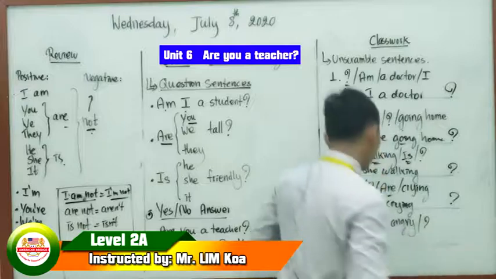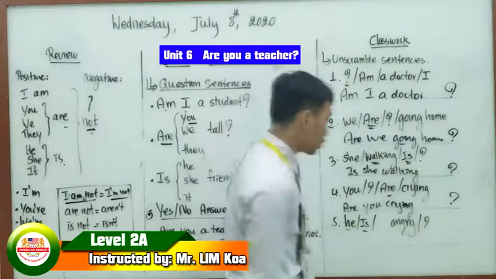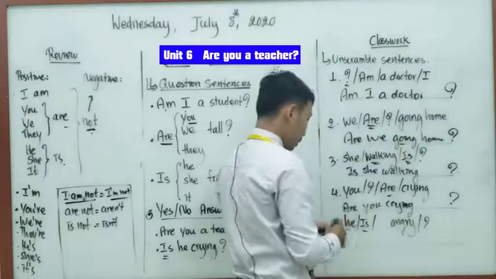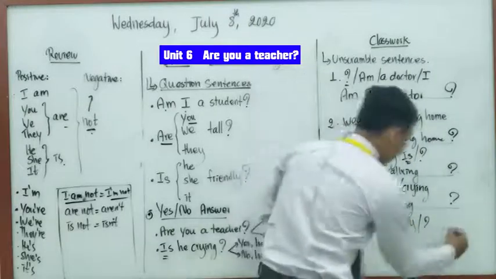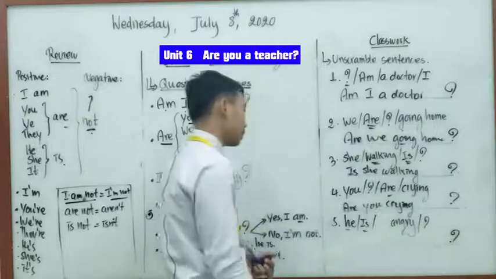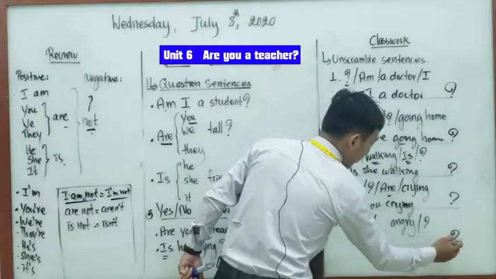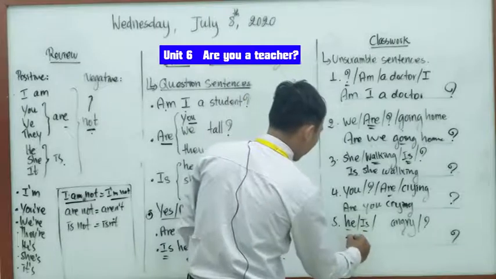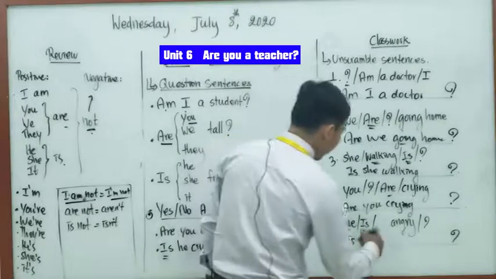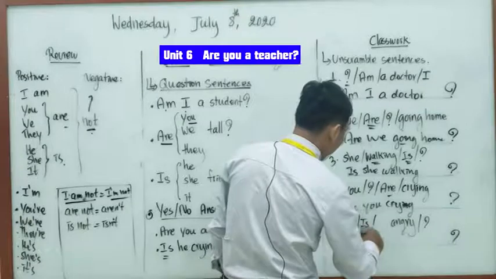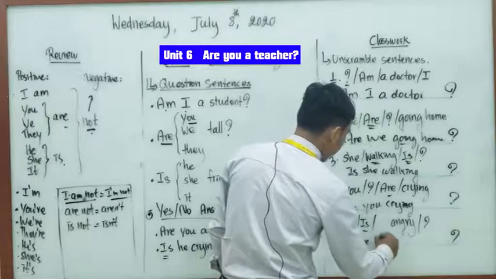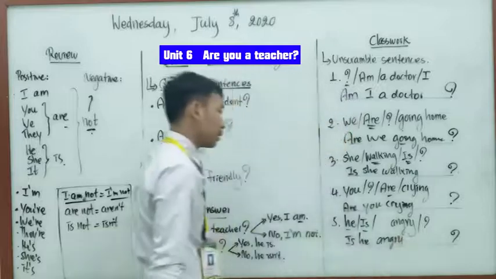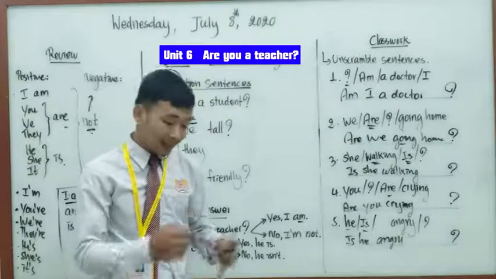Okay, so as I told you so many times, question mark must stand at the end of the sentence, right? And verb be must stand at the front. And what else? He, subject, and then angry is an adjective. Is he angry? Got it?